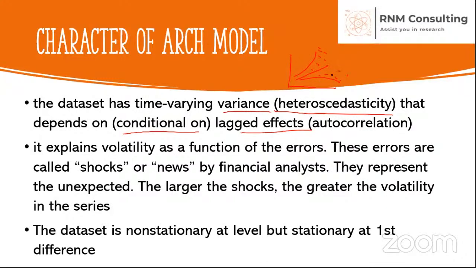So in the ARCH model it is accepted, but in a linear model it is not accepted, because in the ARCH model we discuss volatility, which is uncertainty. It can go up and it can go down. So it expresses volatility as a function of error.